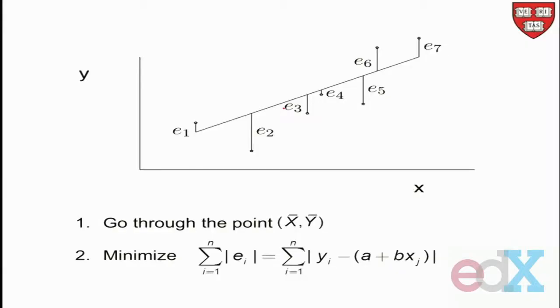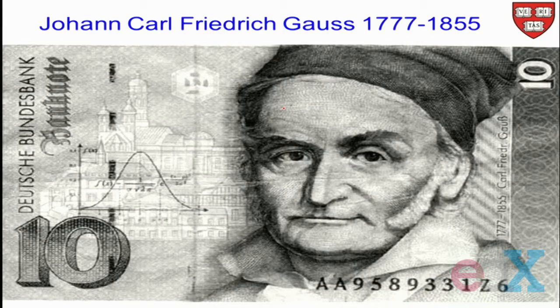But anyway, this idea, Boscovich's idea, was abandoned when Gauss came along. Remember Gauss? I said we looked at this Deutsche Mark because of the normal curve.